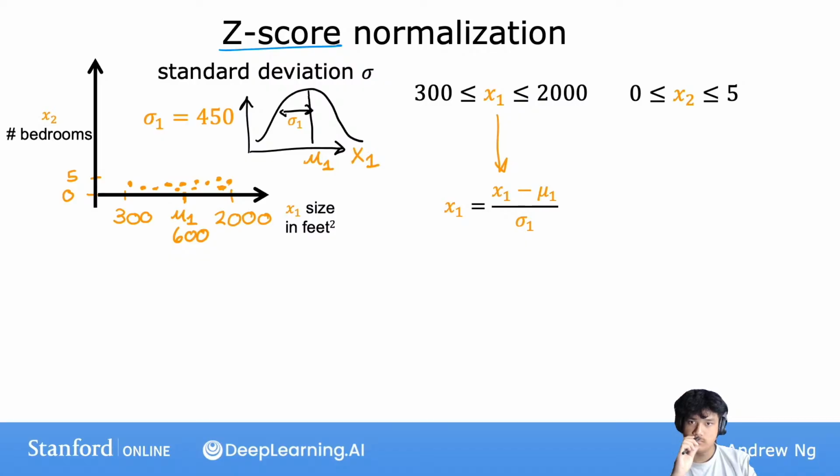And what you might find is that the z-score normalized x1 now ranges from negative 0.67 to 3.1.